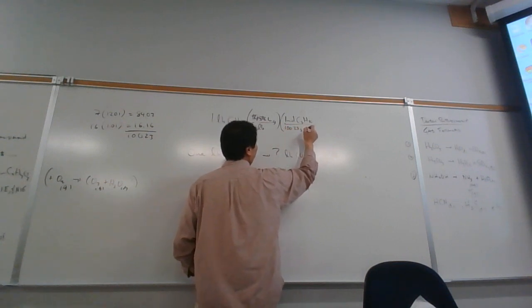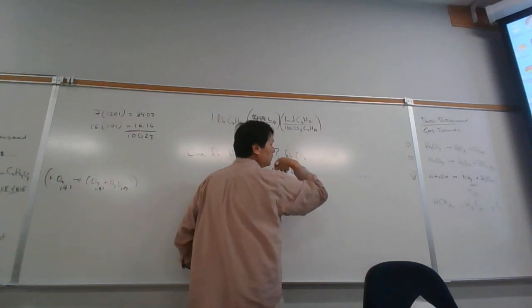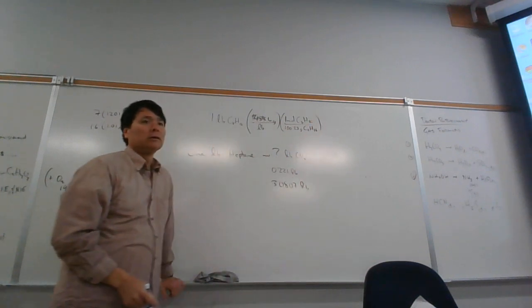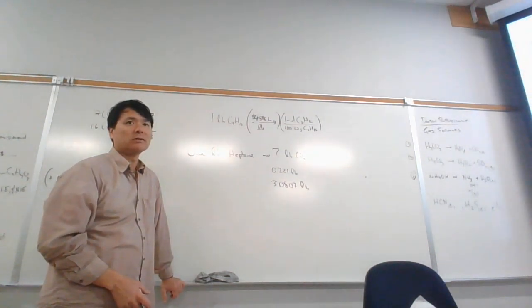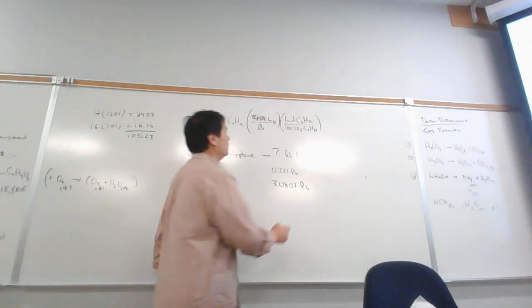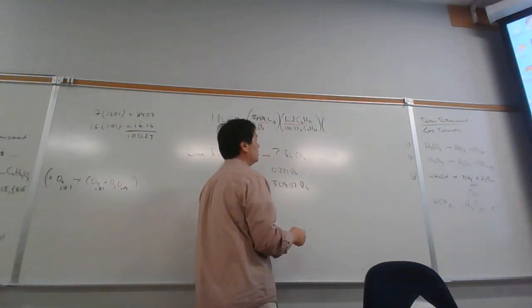Well, it depends on what we're after. What are we after? The product, how much CO2? Yeah, so we need to know the mole ratio between heptane and CO2 from the balanced chemical equation. So what is the mole ratio? 7 to 1. 7 to 1.